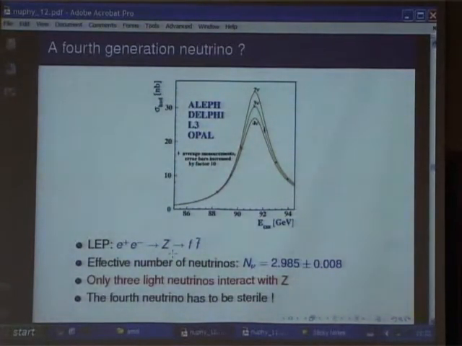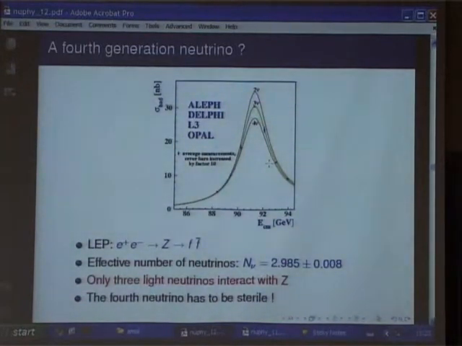And each time it goes to more particles, its width increases. So width increasing would mean, if you normalize it well, the peak actually goes down as you have more and more neutrinos. If you have 2 neutrinos, you get this red curve on top. With 3, you will get a green curve, and with 4, you will get this curve.